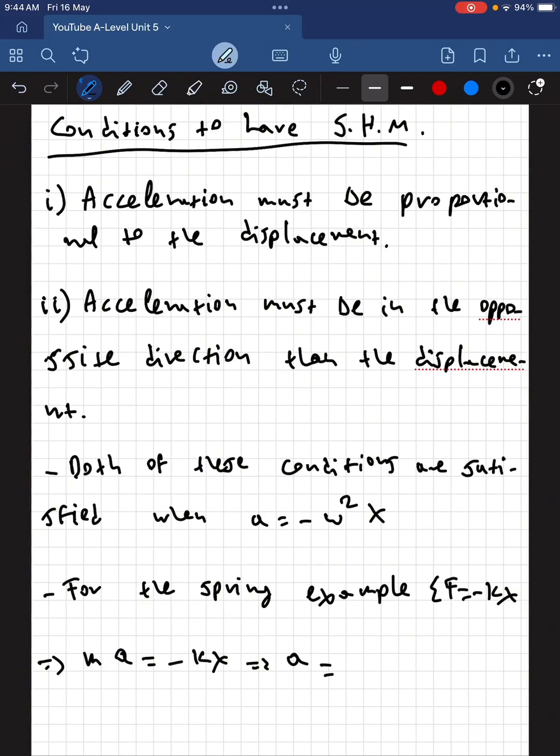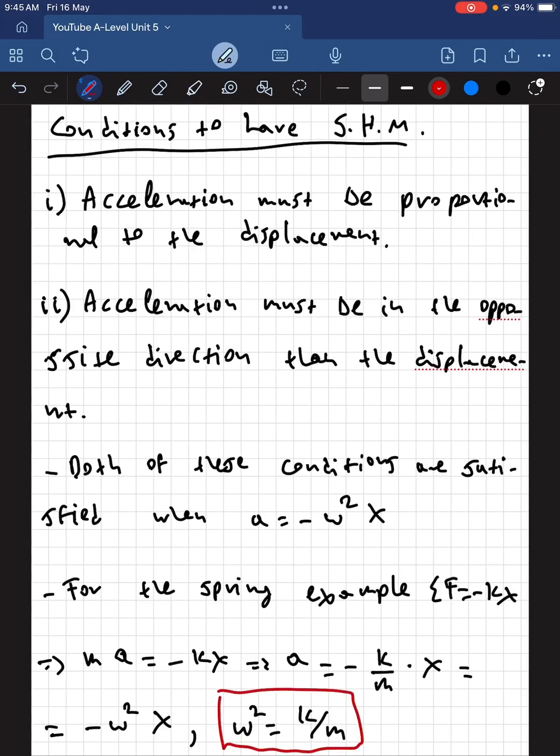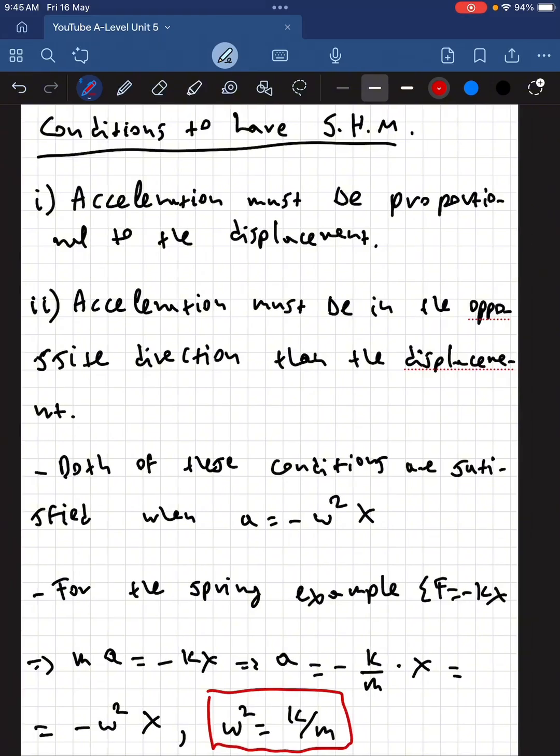Therefore, the acceleration is minus k over m times x, which you can write as minus omega squared x if omega squared is defined as k over m, okay? So this is an example. I mean, the spring is an example of simple harmonic motion because all the conditions are satisfied, if omega squared is equal to the spring constant over the mass attached to the spring.